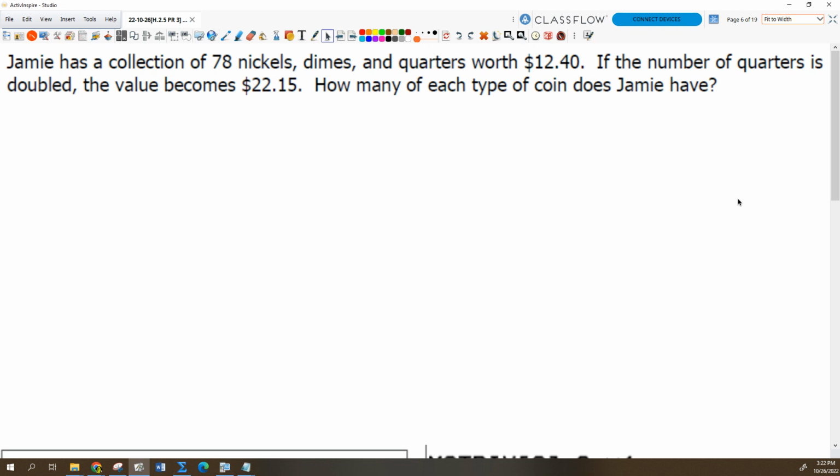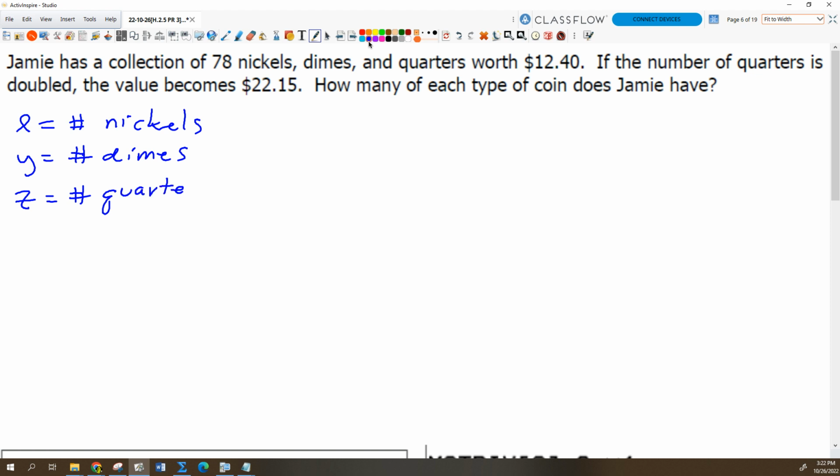Okay, so what are we going to do? So we've got our variables, right? So we need 3 equations.